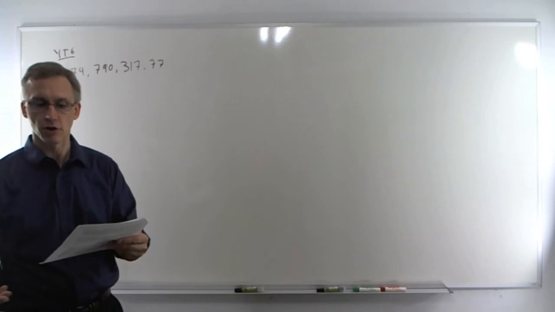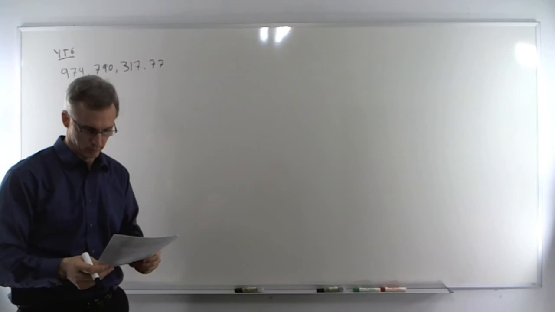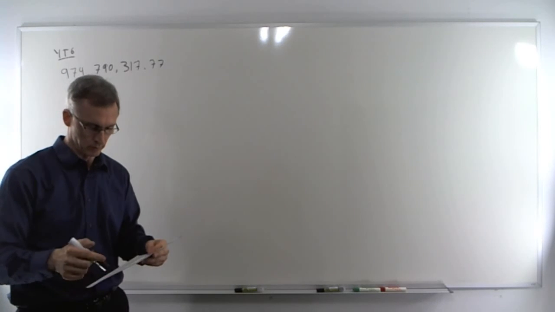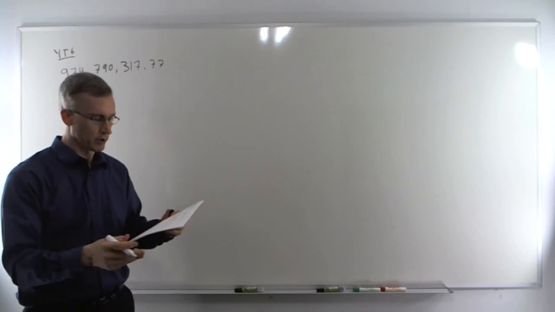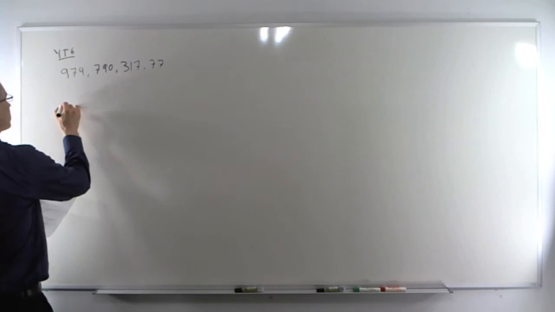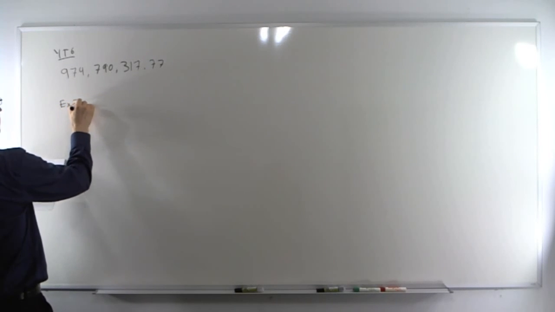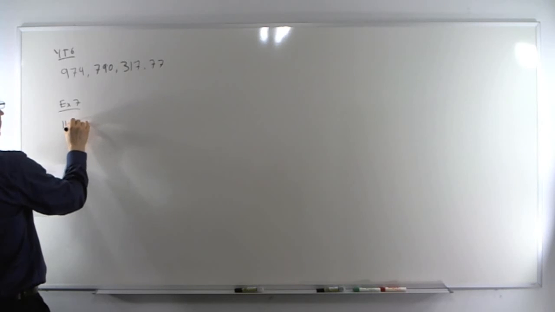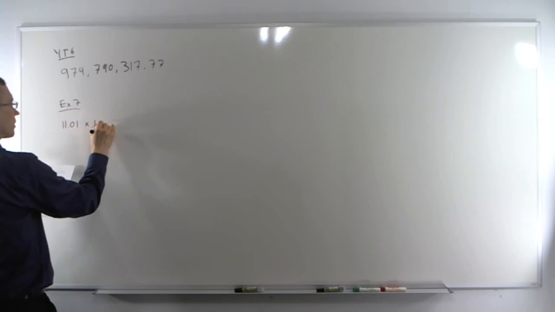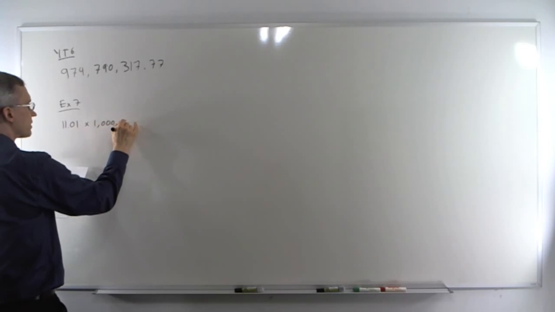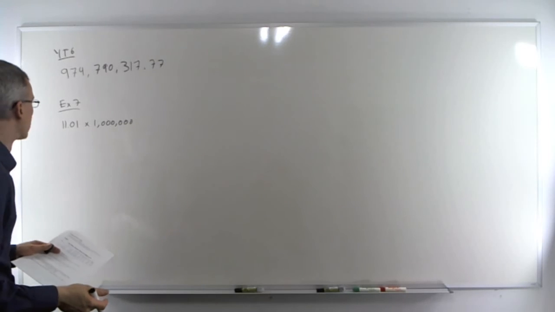So it's 11.01 million. So what we're going to do is take 11.01 and multiply it by the number it says in the table, which is 1 million.